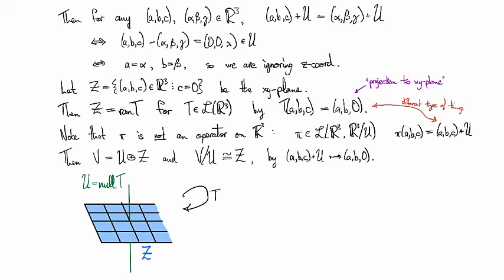So if you have a vector space and you identify a subspace of it, like in this case the null space of T, then you can say, oh, I wonder if V is actually the direct sum of this space U with some other thing Z. How can I figure out what Z looks like? And what this is telling you is that the quotient construction tells you how to find out what Z looks like. So keep this example in mind when we talk about the induced map in the next clip.